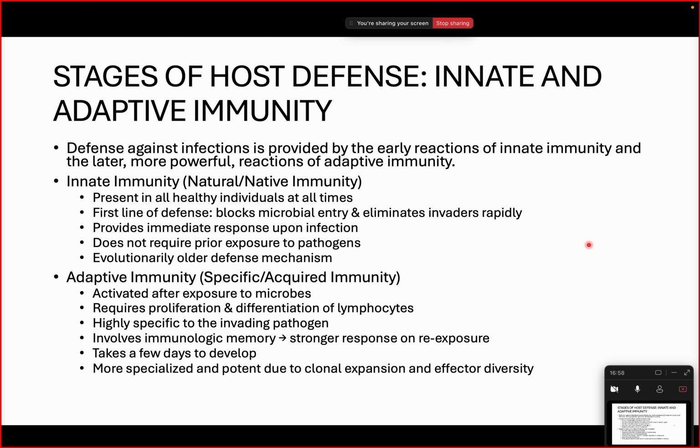First line of defense, that is, it blocks microbial entry and eliminates invaders rapidly, provides immediate response upon infection, does not require prior exposure to pathogens. Evolutionary older defense mechanism.